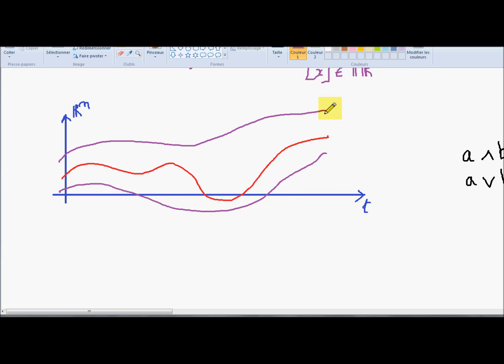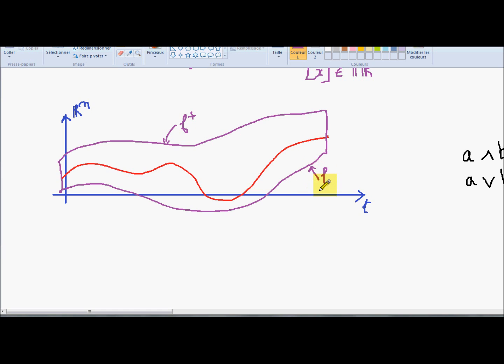This part corresponds to F plus. This trajectory corresponds to F minus.